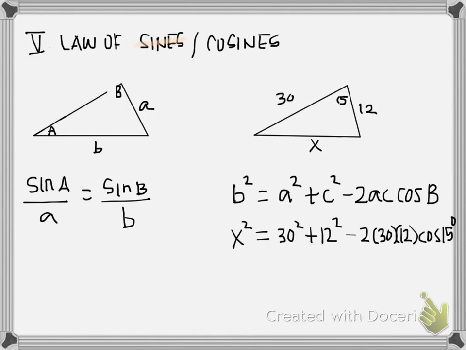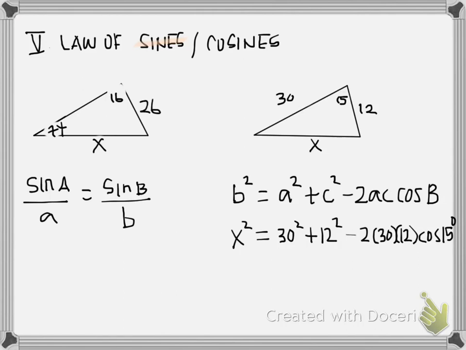Law of sines, same situation here. If we know those two angles right there, let's say one is 74 and this one is 16, and we're trying to find this side, and the one across from 74, let's say it's 26.